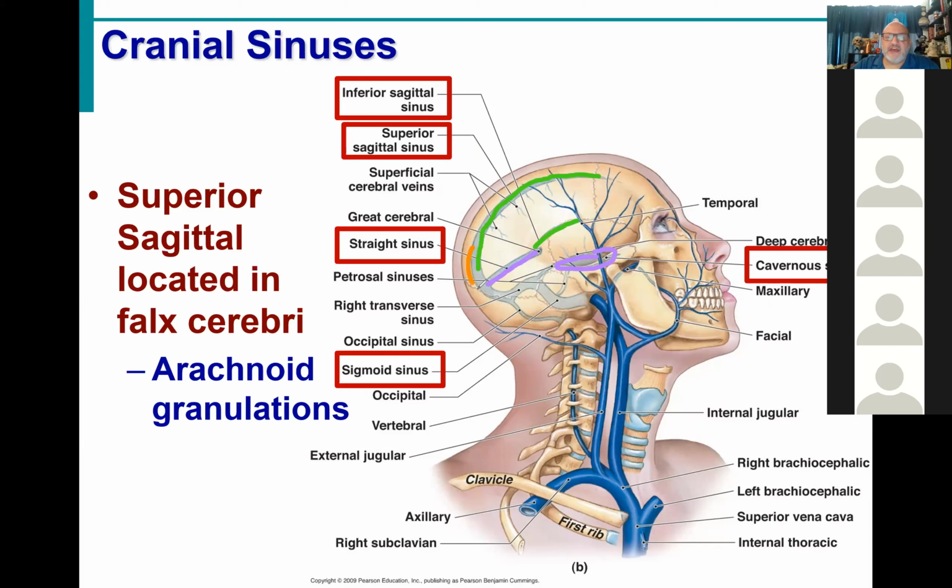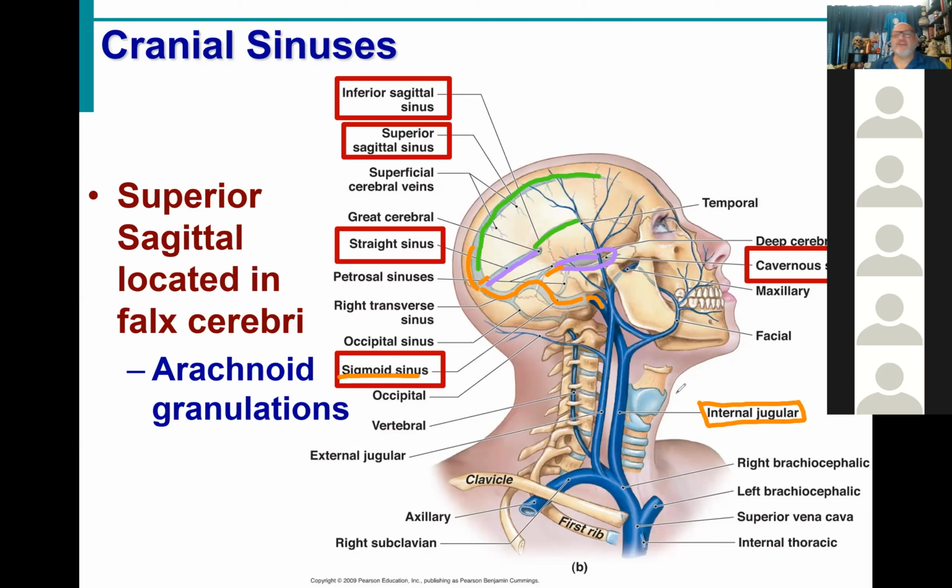The superior sagittal, the straight sinus, the cavernous sinus, all of these feed into this midline sinus that is S-shaped. And because it is S-shaped, it gets the name the sigmoid sinus. And that sigmoid sinus takes all of this blood and feeds it into our very large internal jugular.